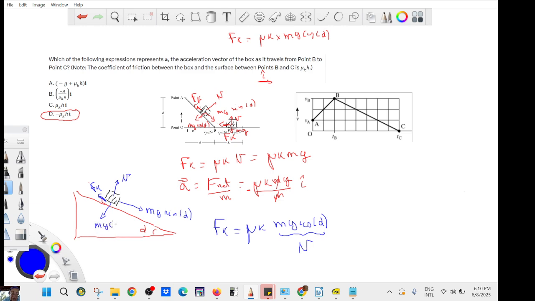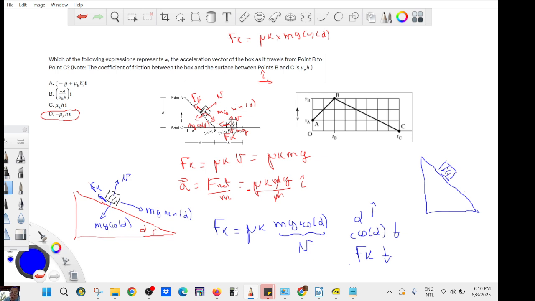So mg cosine. So you see that if the angle increases, the cosine will decrease, and the kinetic friction will decrease as well. Because at worst, if you make the angle very, very large, you can see that it's not going to push as hard.